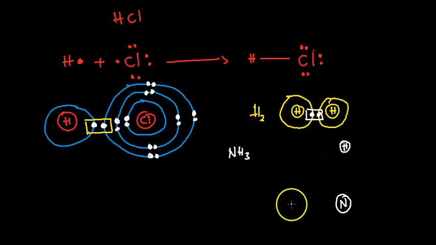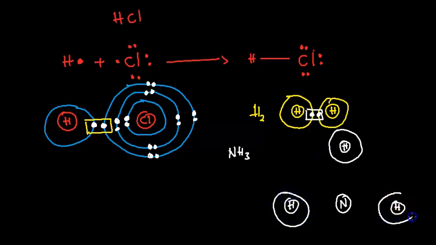We have 1 here, and another 1 here. But in this case, we are just going to focus on the valence electrons, which is the number of electrons in the outermost shell. We have 1, 1 here, and 1. In the case of nitrogen, we are also going to have some.